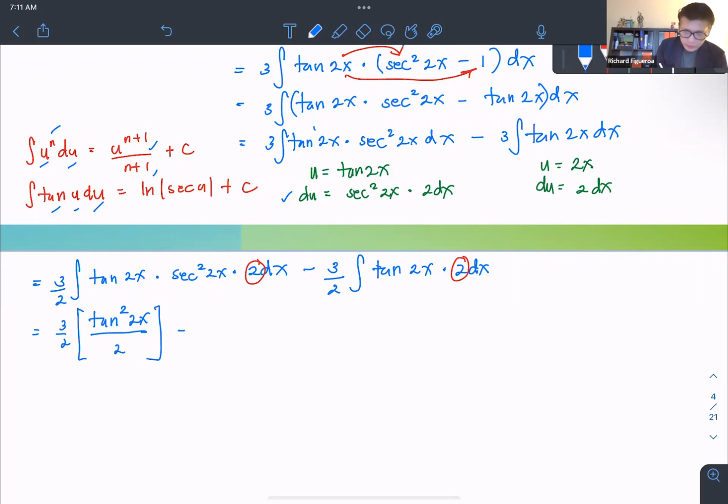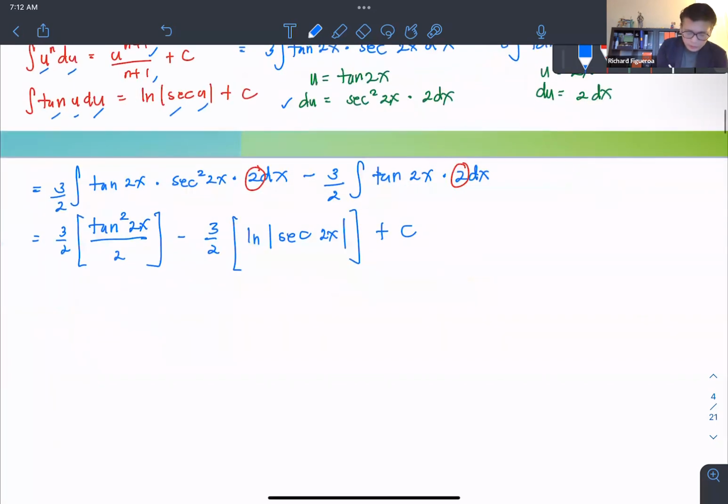For the second term, minus 3 all over 2, multiply it with, what's the integral of tangent 2x? This is the formula: that is ln secant u, where our u is 2x, and then plus c.